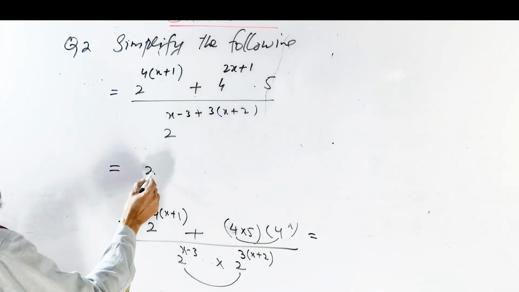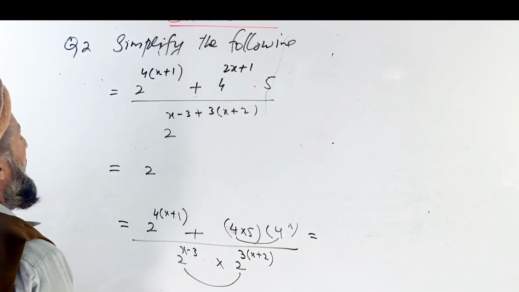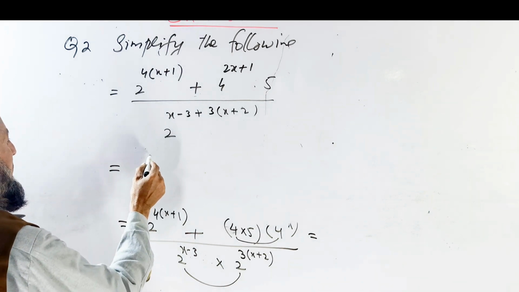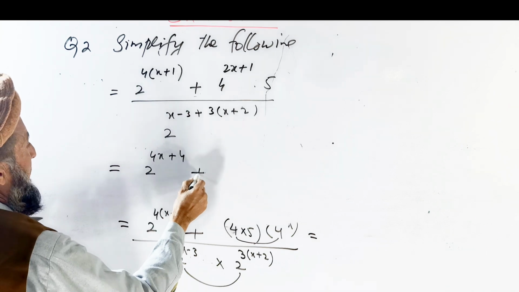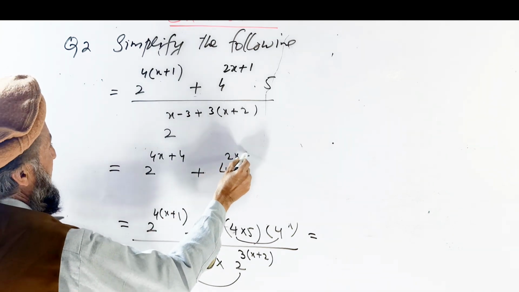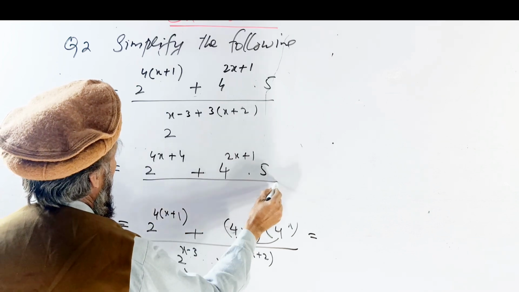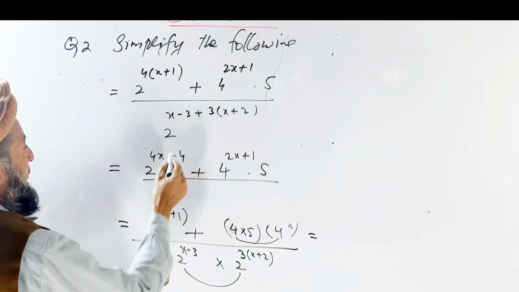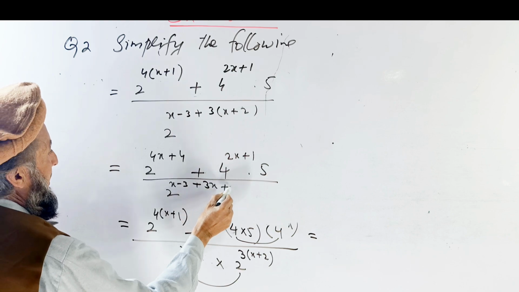Now here 2x and here 4x+1, 4x+4 plus 2x+1, into 5 divided by, simplify, x minus 3 plus 3x plus 6.